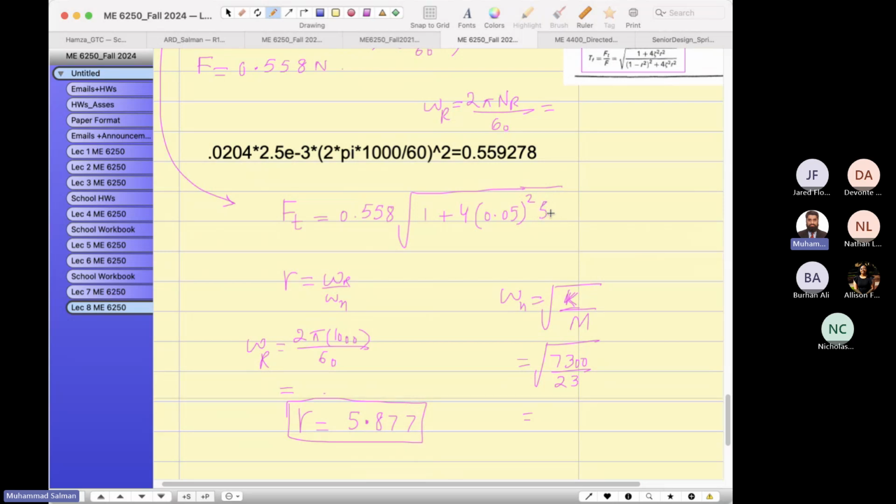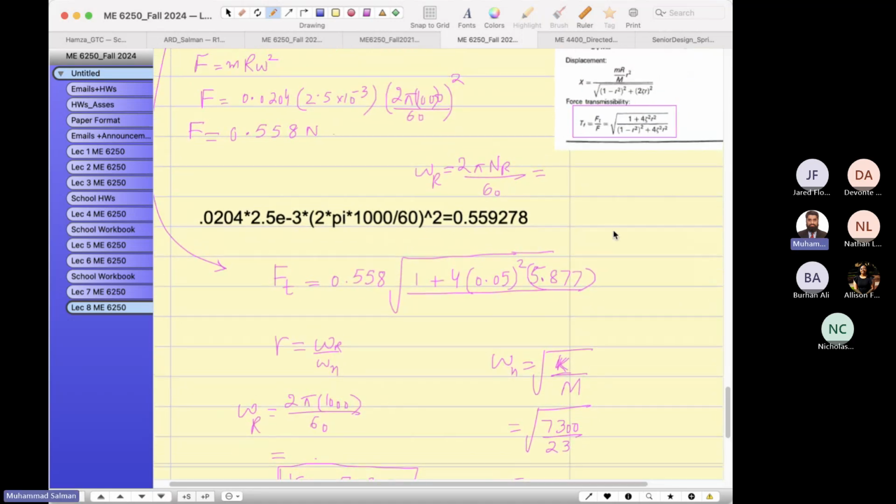Zeta, R is 5.877, for square. This is also square. I'm just looking at this formula.